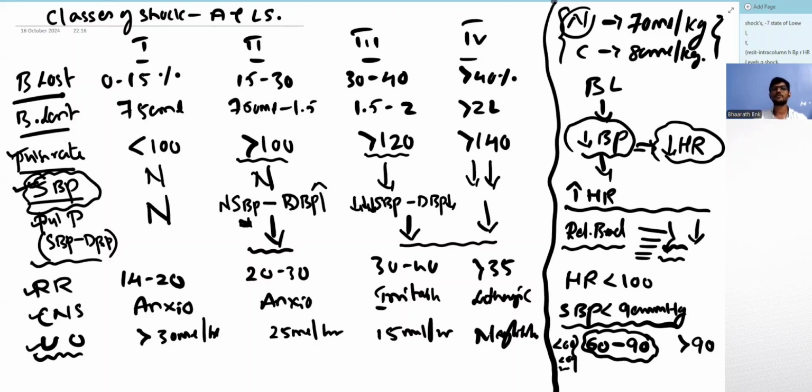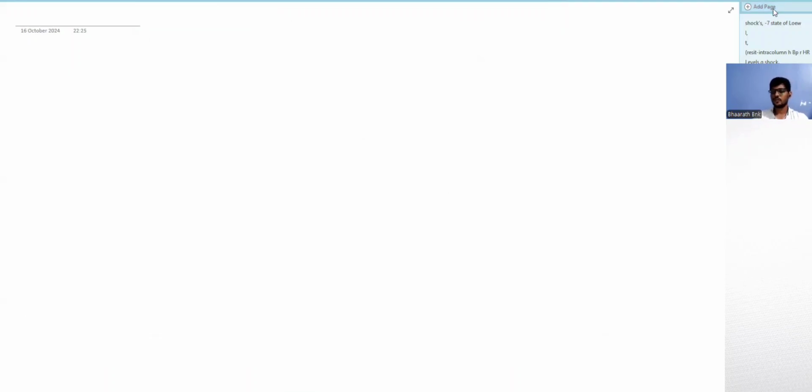In such conditions, if you stop giving fluids, thinking that the patient is stabilized and does not need fluids anymore, then those tissues continue to be in hypoperfusion, and that produces hypoperfusion injury. That is called hypoperfusion syndrome. So none of these considered individually are good indicators for shock.